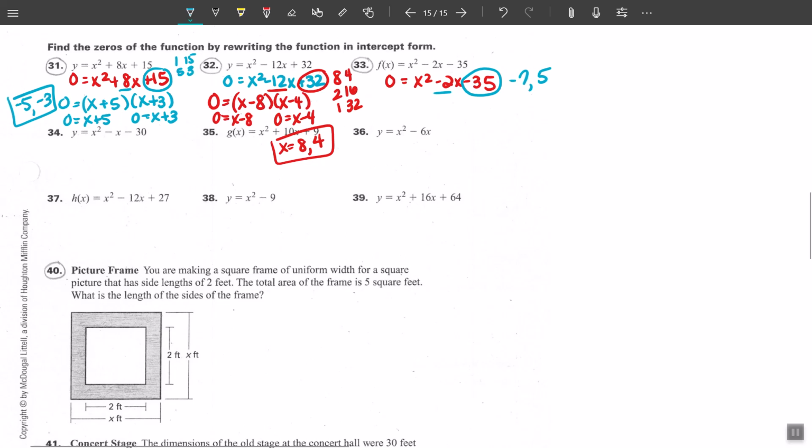If this bigger one is negative, when I add them together, I'm going to get a negative 2, which is what I need. Pull them apart. I'll set each of those equal to 0 again. And when I solve for x, I will end up with an x of 7 and negative 5. So those are my zeros of this function.